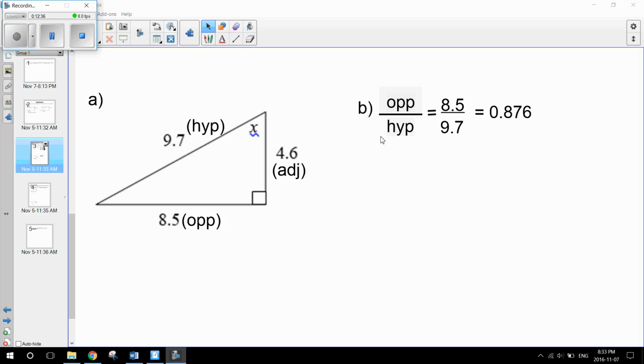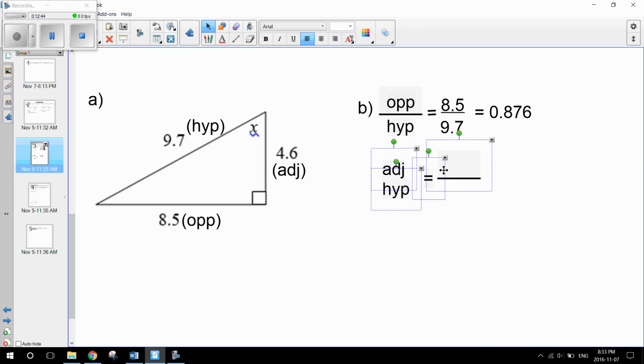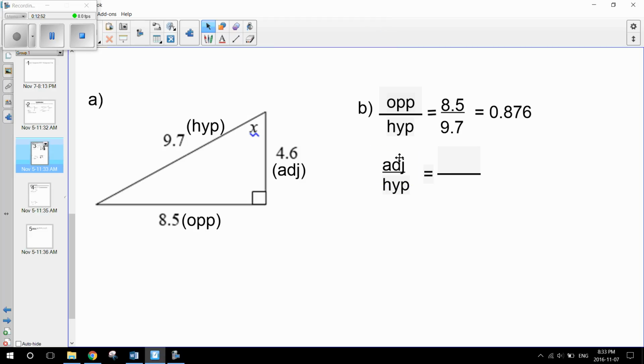Okay, so our next ratio that we want to find is adjacent over hypotenuse. So our top value here needs to be adjacent.